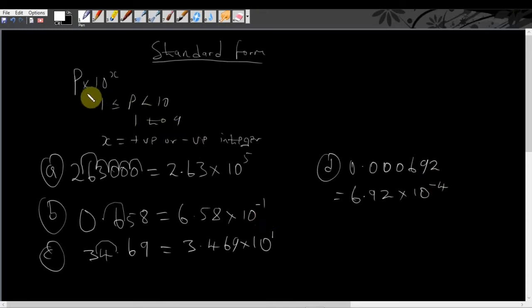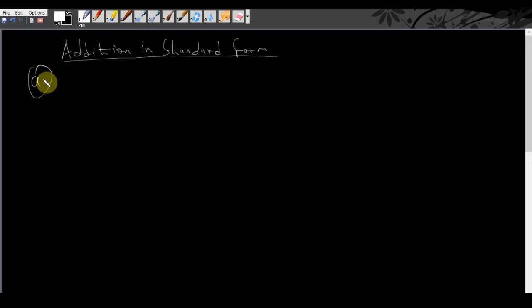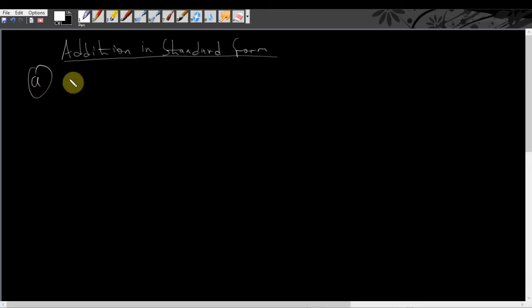Okay, let's now continue. Let's use example to learn addition in standard form. Let's call this one A. Maybe 2 examples in addition, 2 examples in subtraction. Let's say we are given 0.00274 and we are asked to add 0.0318, all in standard form, which means we need to convert this one to standard form and convert this one to standard form.